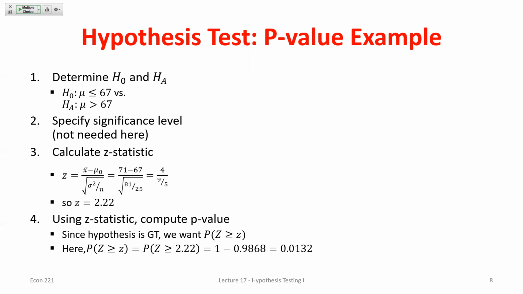I can reject based off the sample evidence I found with 90% confidence. Is that p-value of 0.0132 less than an alpha of 0.05? Yes. So I can reject with 5% significance, or think about it as I can reject with 95% confidence.